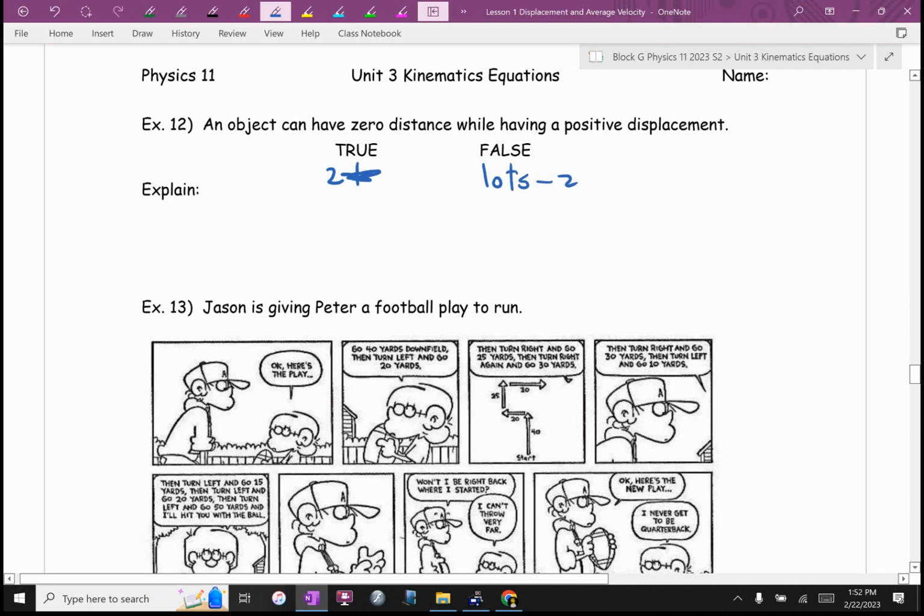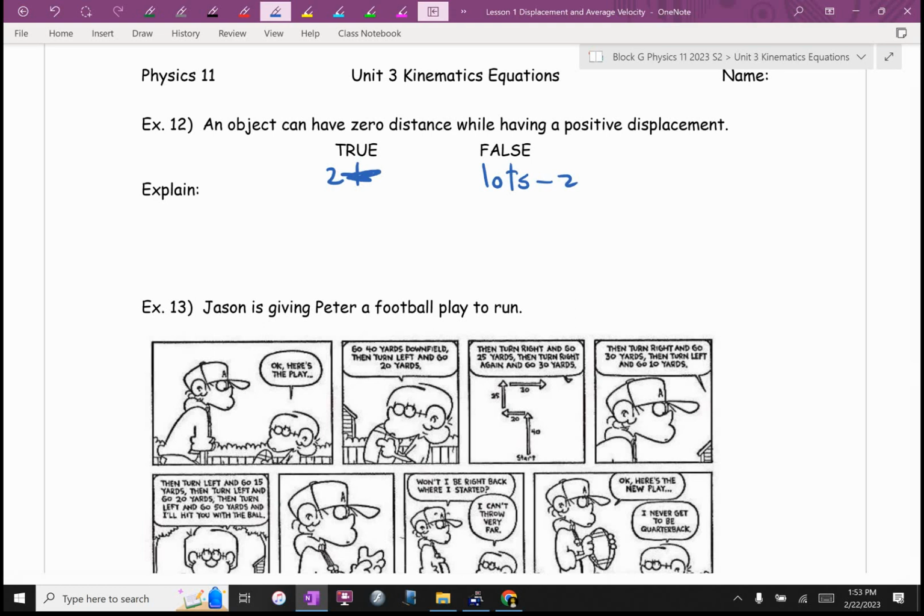So I guess the onus is on those of you that voted true, give me an example of how that's possible. That you can have distance equals 0, but a positive displacement. So if your distance is 0, how many steps have you taken exactly as a number? 0.